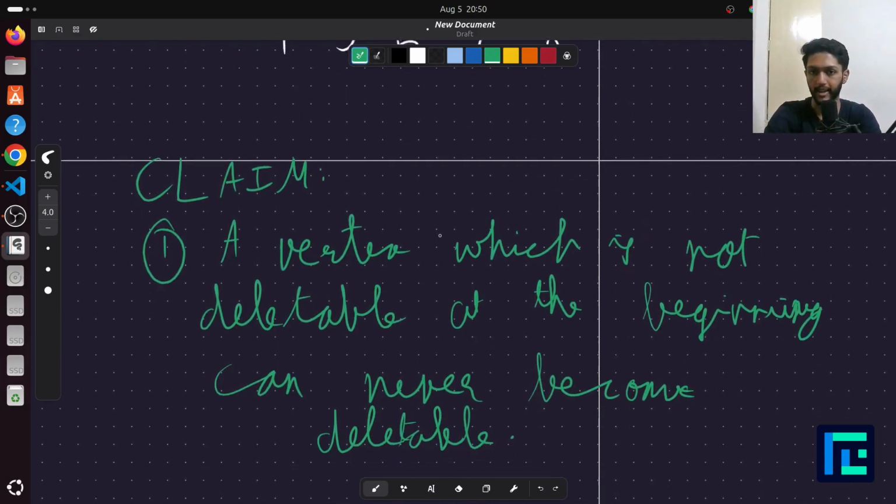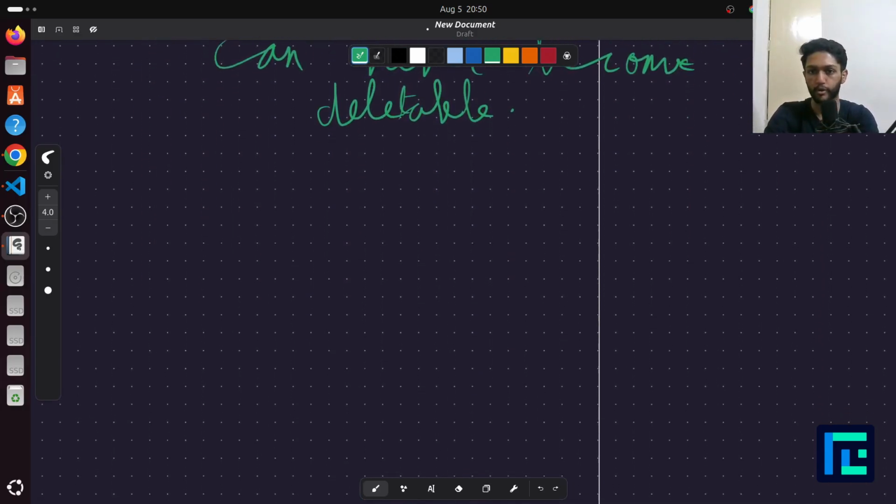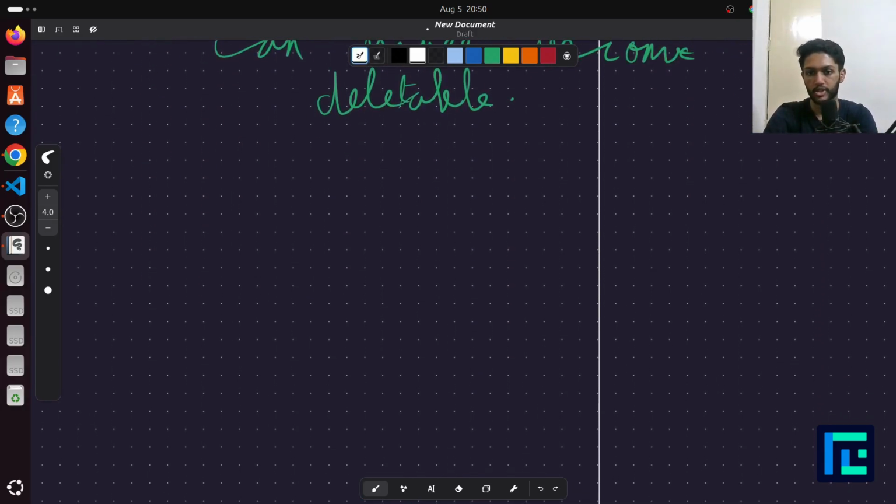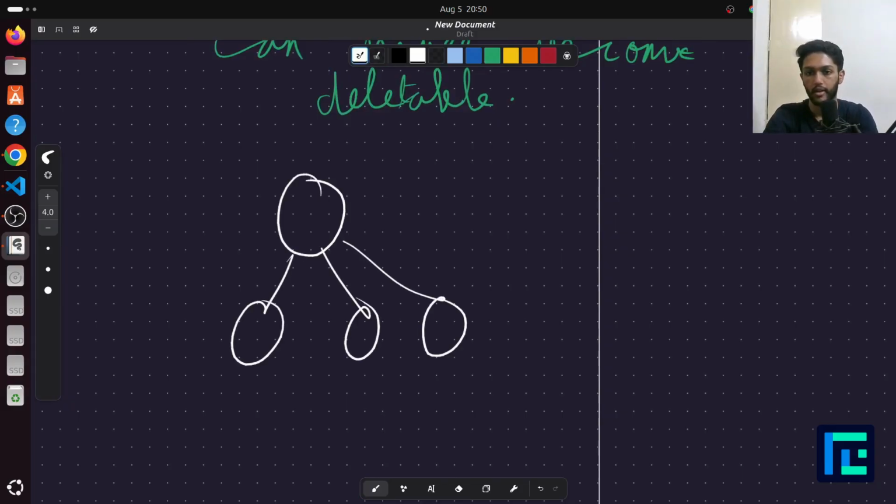Why am I saying that? Let's prove it. Let's say we have this node, and there are a lot of children of it, and it is not deletable. If it is not deletable, that means either it is 0 itself, then of course we cannot delete it, and in the future also we will not be able to delete it, because we can never delete 0.